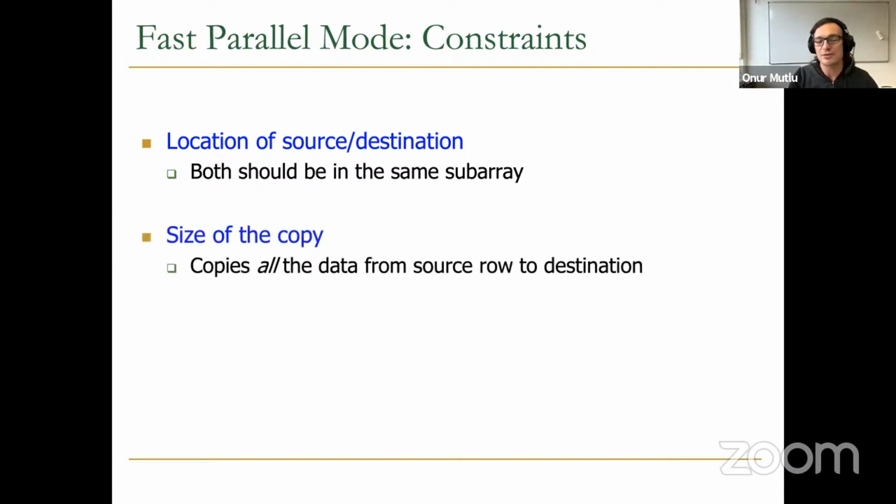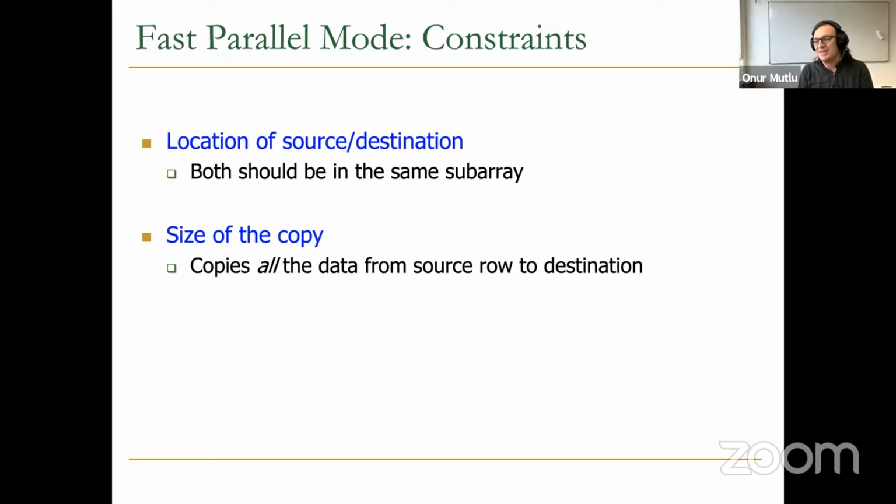And also, there's the size of the copy problem, which is that you have to copy all the data from the source row to the destination, because activation and sensing operate at the row granularity. Clearly, if your copying granularity is smaller, then you have a problem. If your copying granularity is larger, you need to break down the larger copies into these smaller row-granularity copies. So granularity is always an issue in these sorts of approaches, in memory processing approaches.